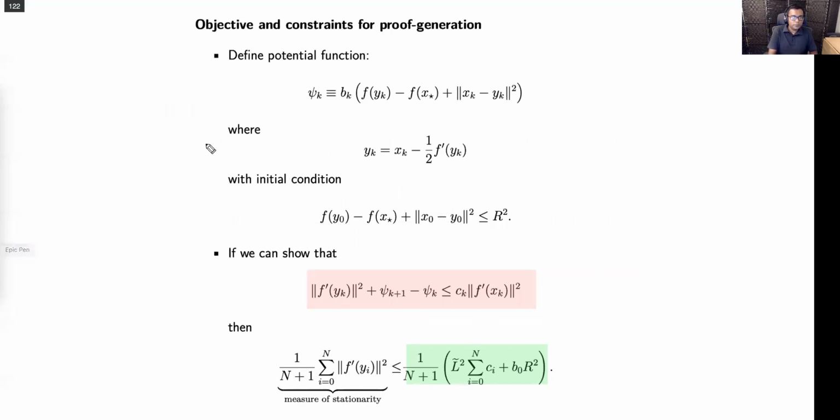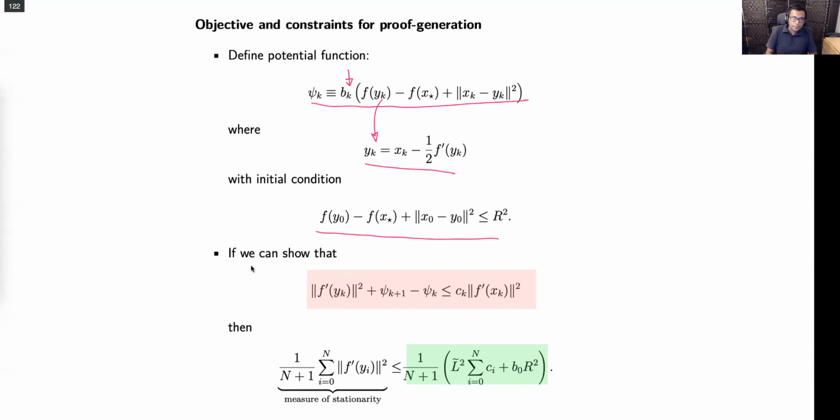First, we are going to define this potential function, where b_k is some unknown parameter and y_k is defined here. We just introduced it a couple of slides ago. We want this specific initial condition to hold. Now keep in mind, everything that we are doing here will become constraints.